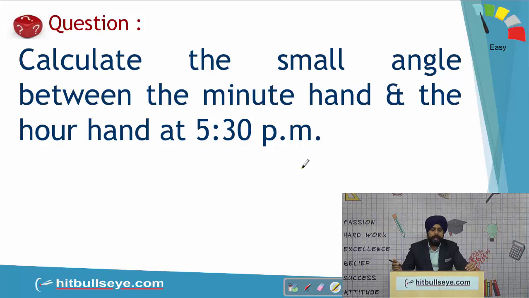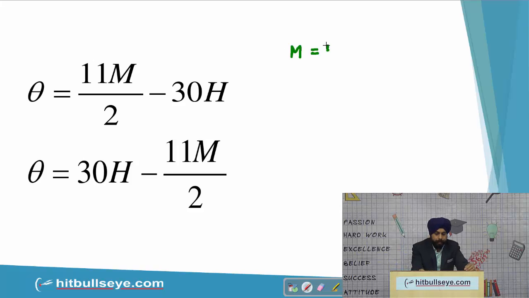You want to calculate the angle at 5:30. Let's do the calculation by formulas only, students. The hour hand is after 5, the minute hand at 30 means position 6. Now you can put the values here. M will be 30 minutes and H will be 5. So theta shall be equal to 11 into 30 by 2 minus 30 into 5.